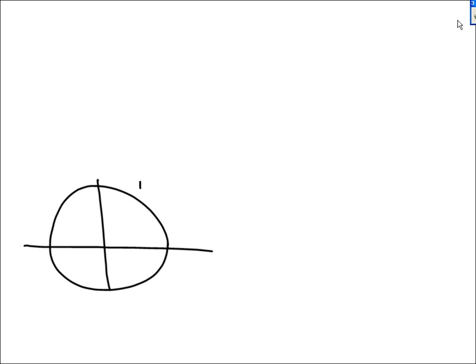If you have a circle centered at the origin, and r is 8, the radius is 8, well, boom, pi a squared better be the answer to the area.